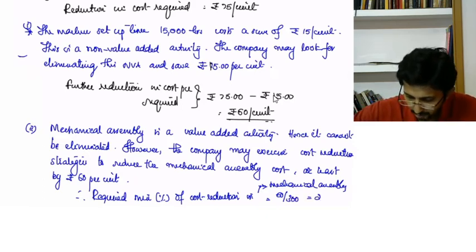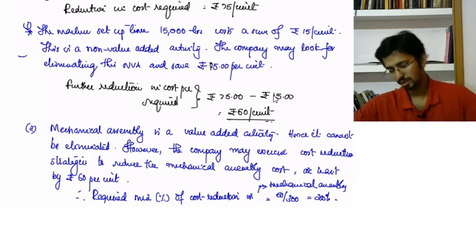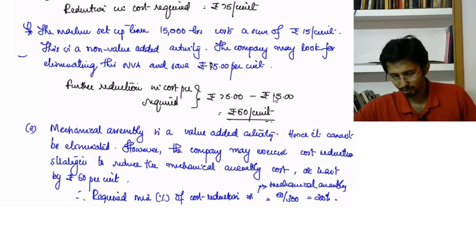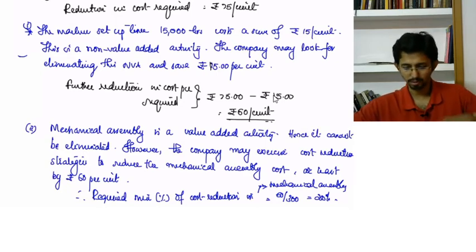So that is equal to 20%. So if you can reduce the cost of mechanical assembly by 20%, you can reach the actual cost. You can make the actual cost equal to the target cost.